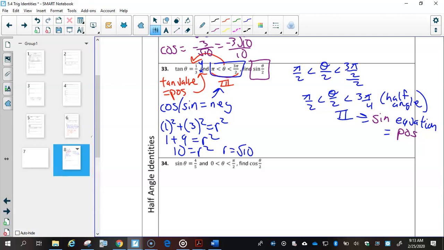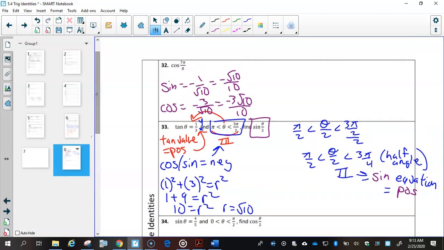And now that I know what we're actually solving, we can solve for sine. We know our equation is positive, our value is negative, cosine's value.